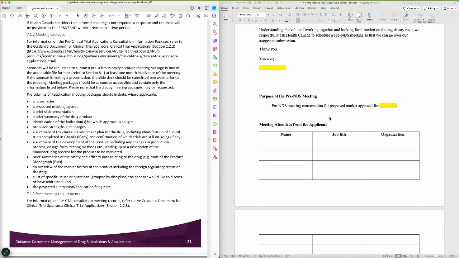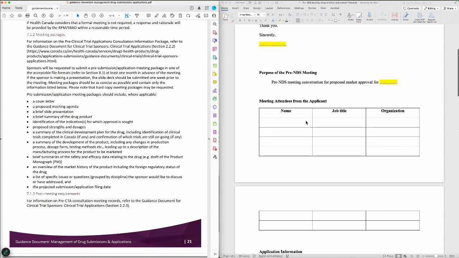So coming back to the template, you have to now write down the meeting attendees from the applicant. So this is you. Usually in this type of meetings, we have several people. We may have the VP of Regulatory Affairs. We may have the VP of, for example, clinical research or clinical affairs, or medical affairs.